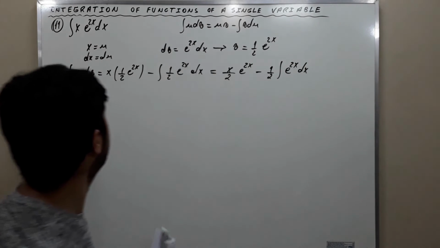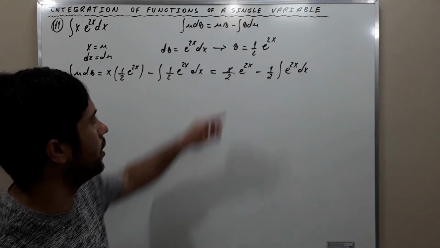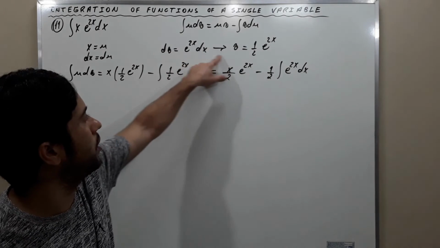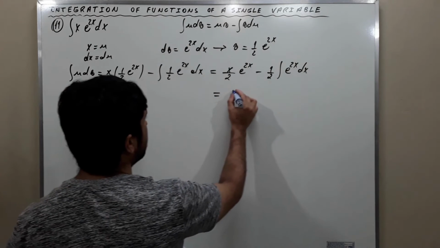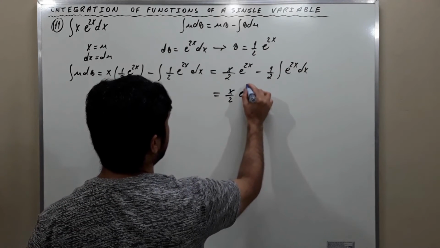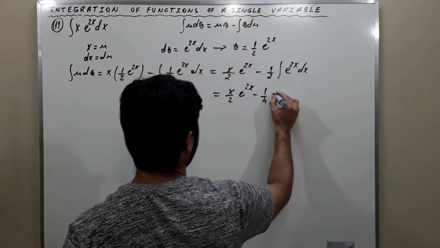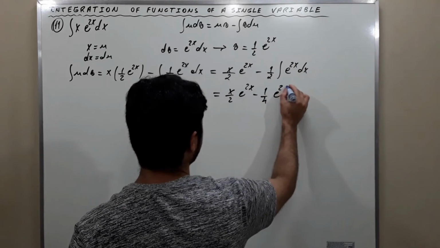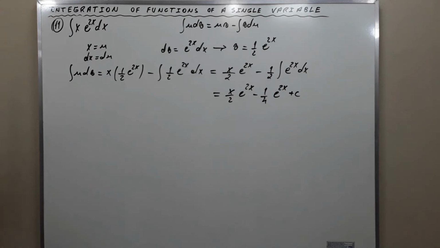And this integral here, we already calculated, so we already know the result. It then becomes x over 2 e to 2x minus 1/4 of e to the power 2x plus c. Alright, simple. This is the result of exercise 11.